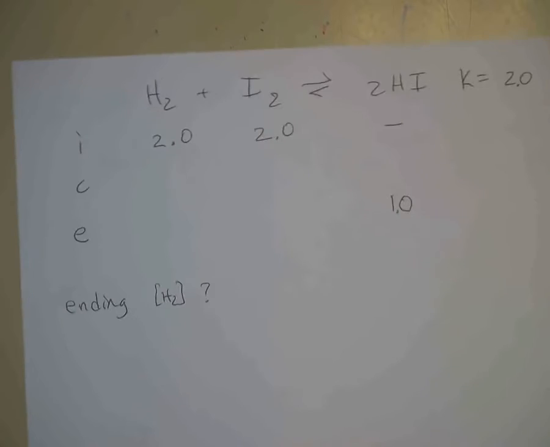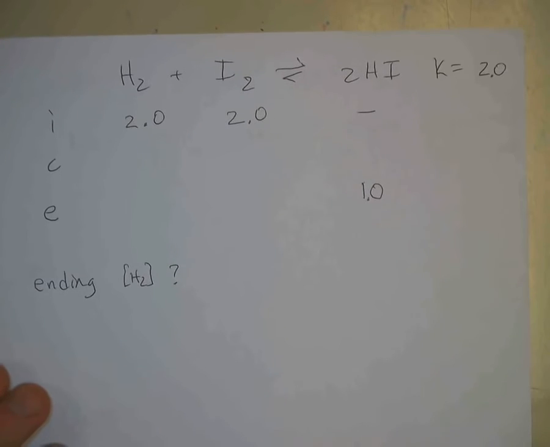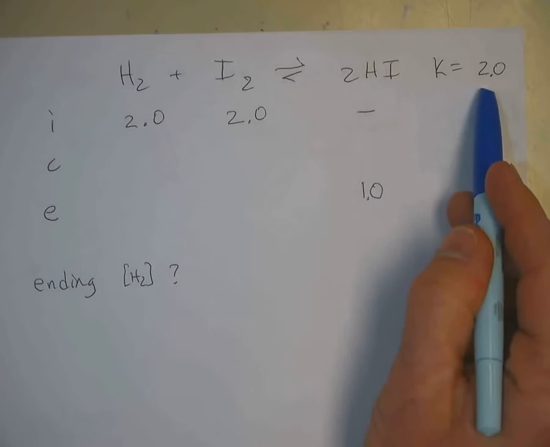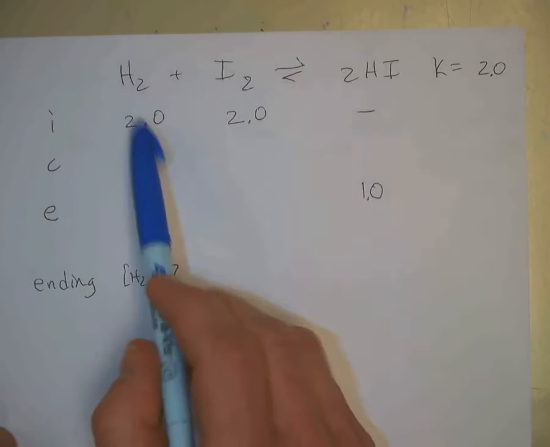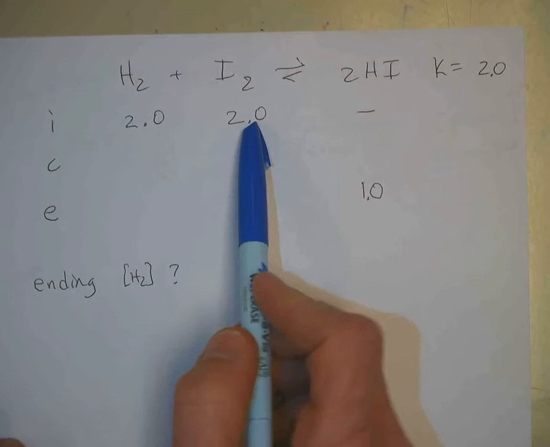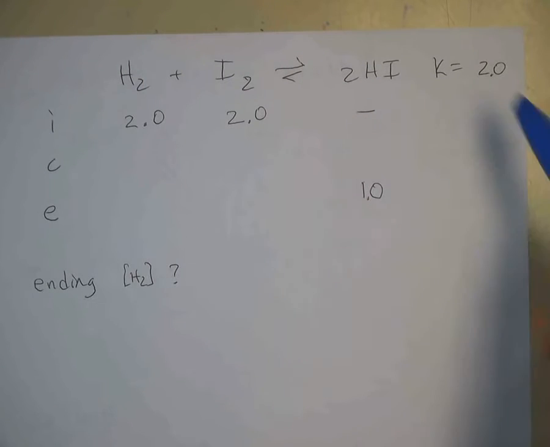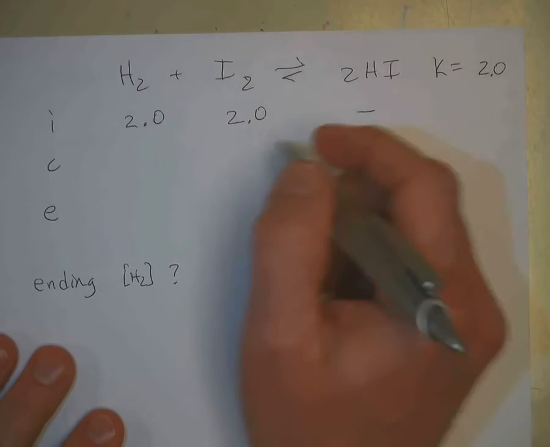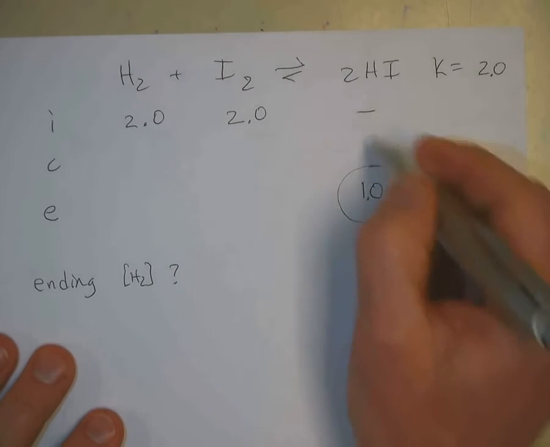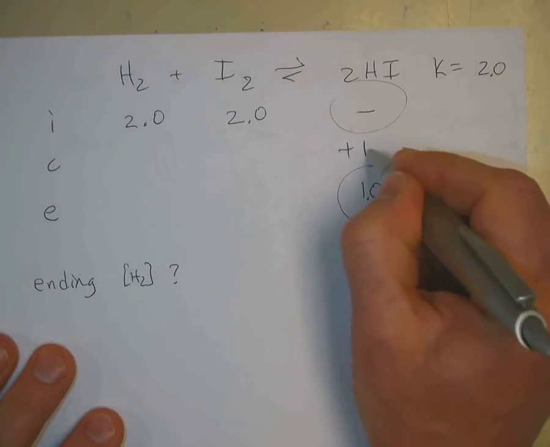All right, let's say we've got a problem like this where I've got a reaction. They tell me the equilibrium constant. They tell me the initial values of hydrogen and oxygen in there. And then they tell me the equilibrium value of HI right here. This is a really popular question. As long as you can organize your data in the ICE table, then you're usually pretty successful, okay? You can see that since I've gained 1 over here and I started with none, I gained 1.